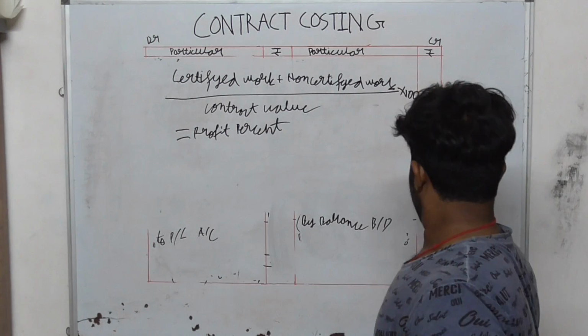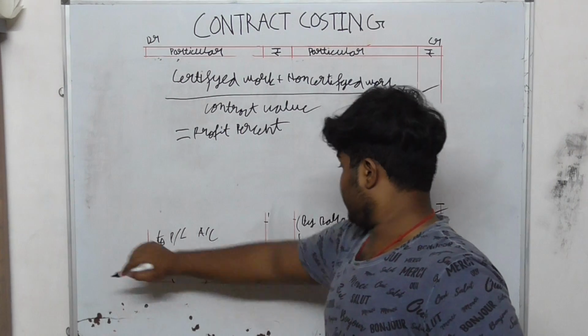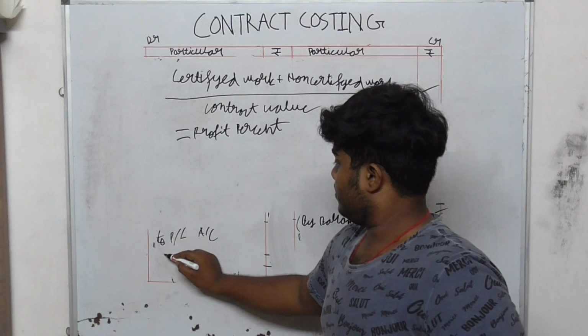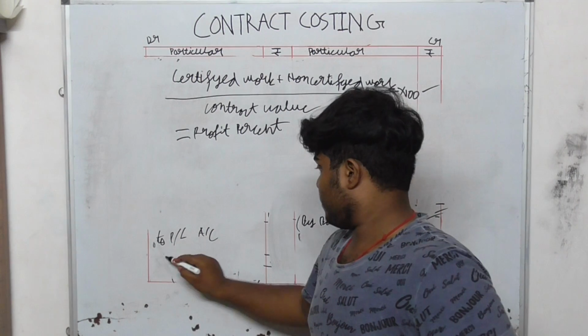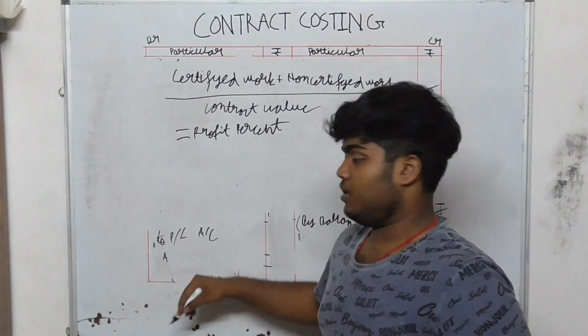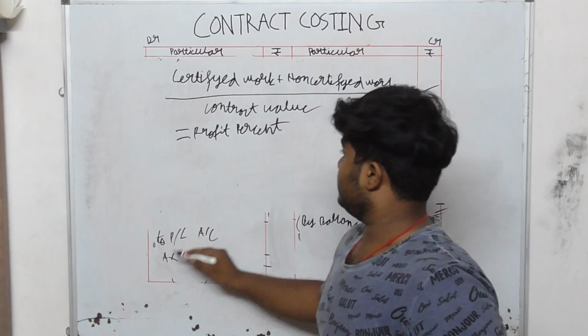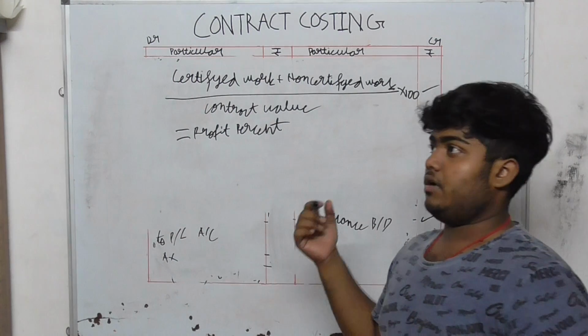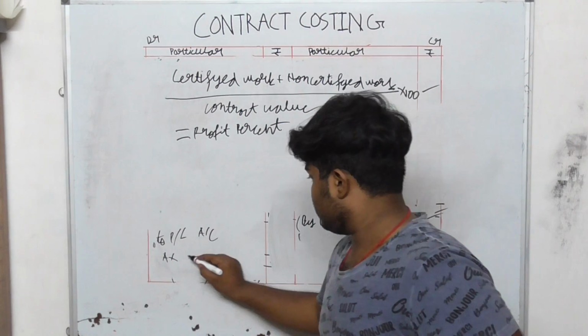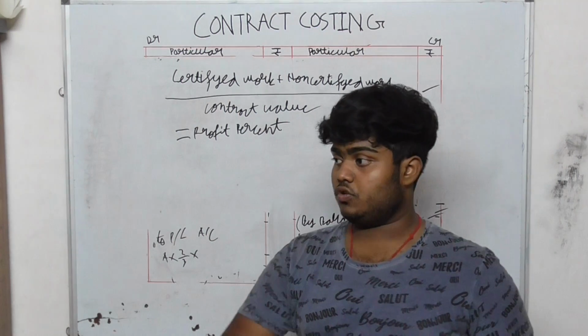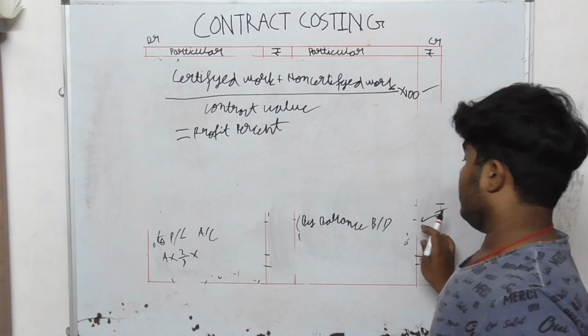So okay, the profit and loss amount equals the profit amount, the notional profit. I assume the notional profit is A, into the percentage. I assume 2/3, 2/3 into the total work completed.